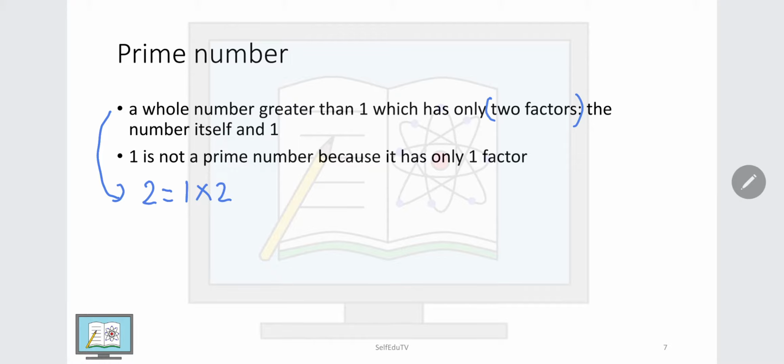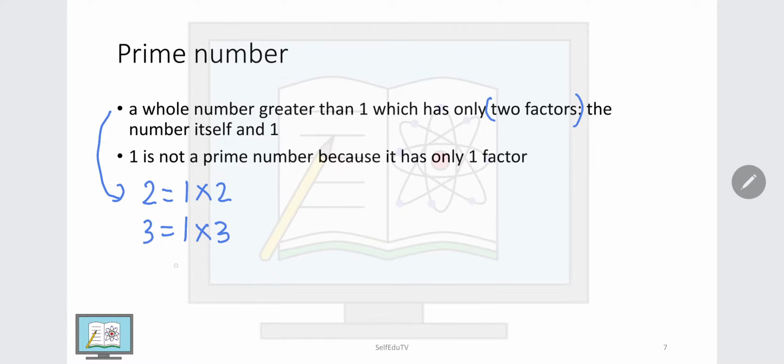So can you see? There are 2 factors, which is 1, and the number itself, 2. The next prime number will be 3. I can express it as only 1 multiplied by 3. So only 2 factors. So 3 is a prime number.